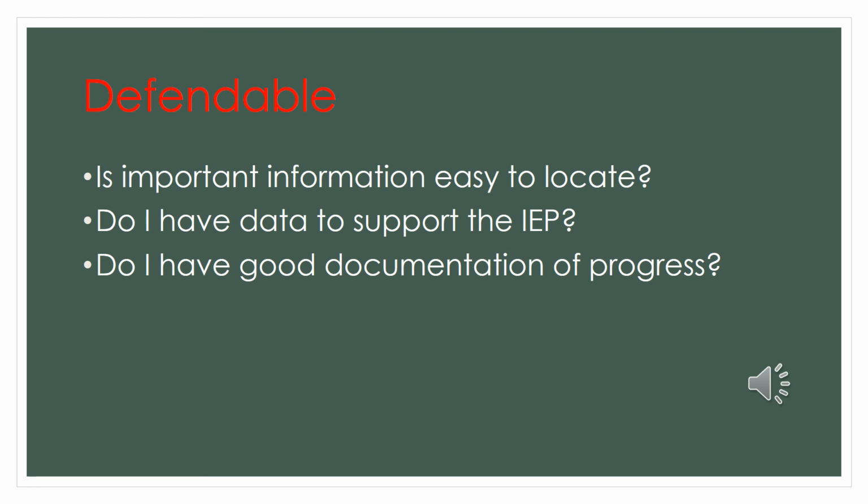Do I have solid data to support the IEP? Have I given specific examples and given examples of assessments or data collected? And do I have good documentation of progress? Basically, did I clearly state in the IEP that the student is and has been making progress?